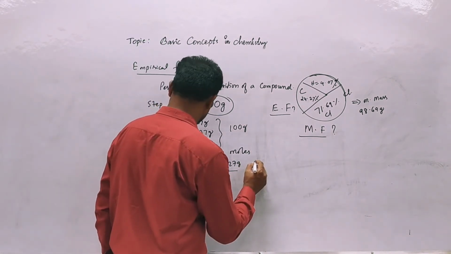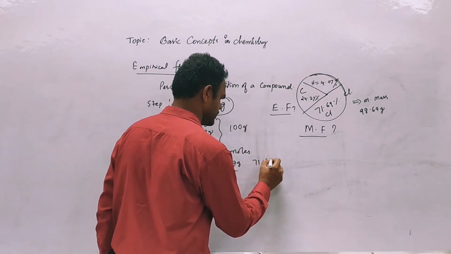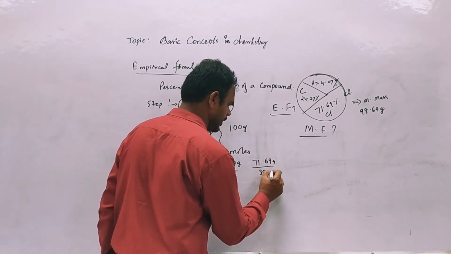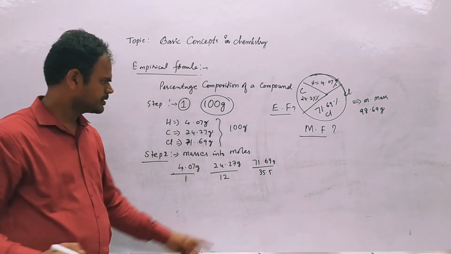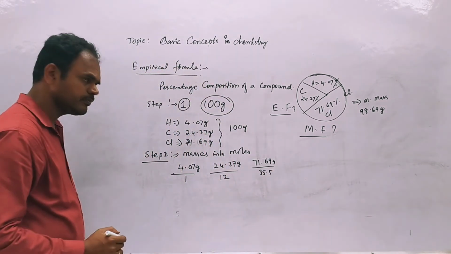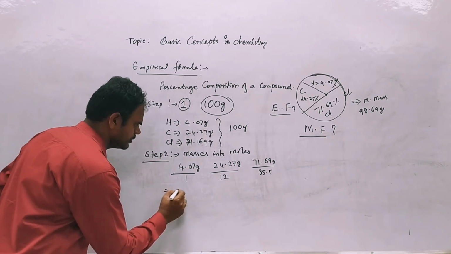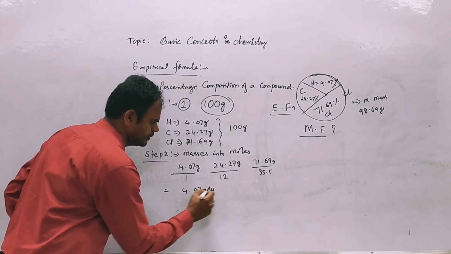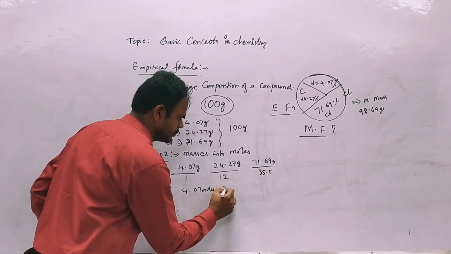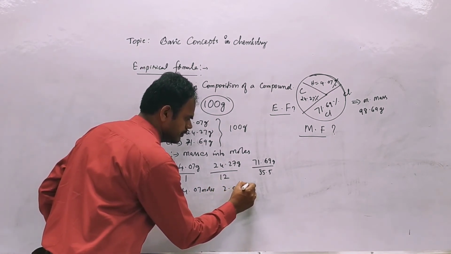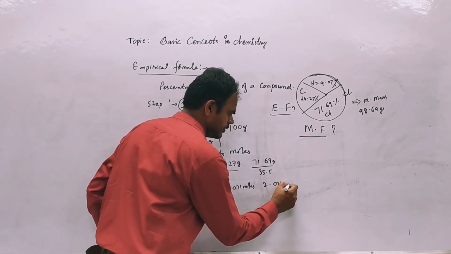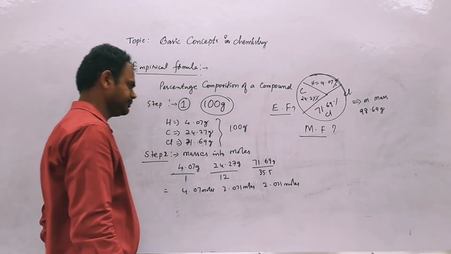Then 71.69 grams divided by 35.5, the gram atomic mass of chlorine. So here we get the moles: 4.07 moles of hydrogen, 2.021 moles of carbon, and 2.021 moles of chlorine.